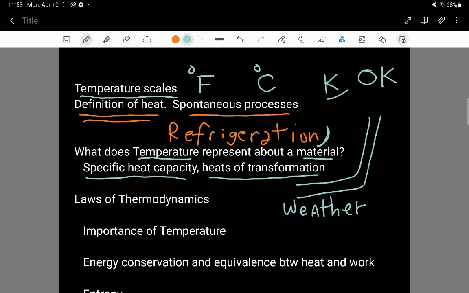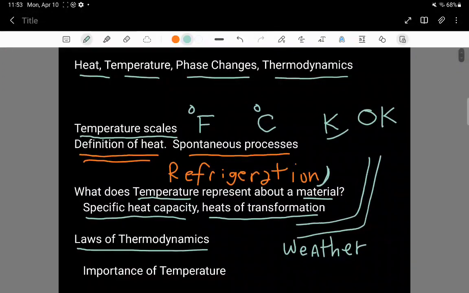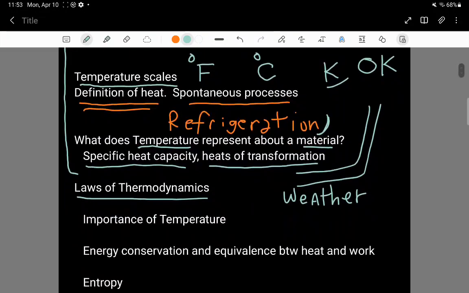So a final chapter in this list of topics is associated with what are called the laws of thermodynamics. And the laws of thermodynamics are essentially a final summarization of the fundamental topics in all of the stuff that you learn along the way, including the importance of temperature.